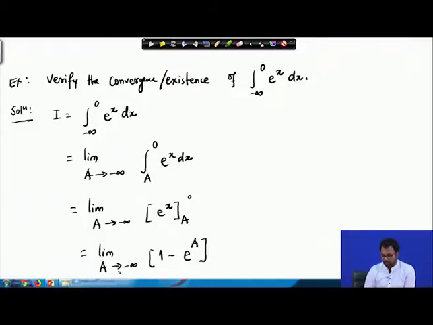So, now when a goes to minus infinity, the first term is constant, so it will remain unaffected, and the second term will go to 0, because e to the power minus infinity will be 1 by e to the power infinity, and that will be basically 0. So, this will be 1 minus 0, so 1, and from here we can say that I is convergent or I exists.